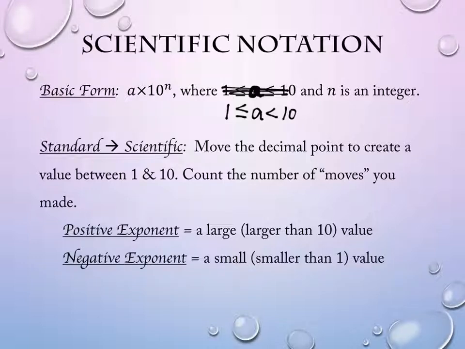If that value came from a large number, right, you had a big number to start with, then the exponent's going to be positive. And if it came from a very small number to start with, the exponent's negative.